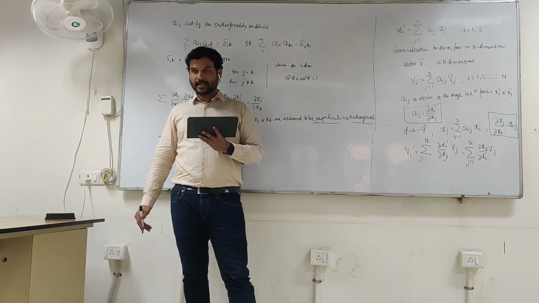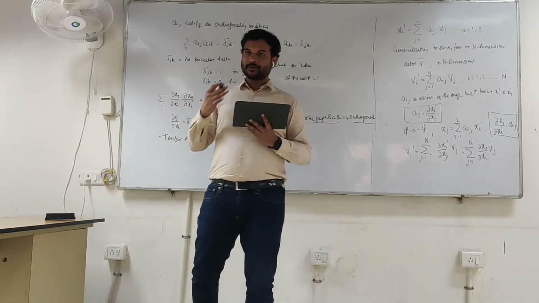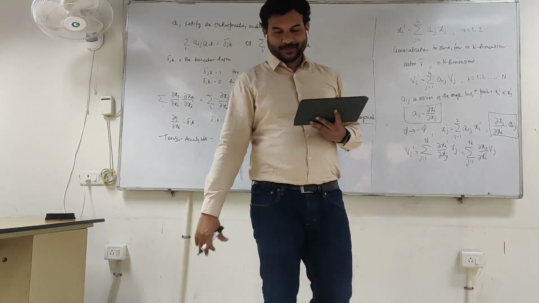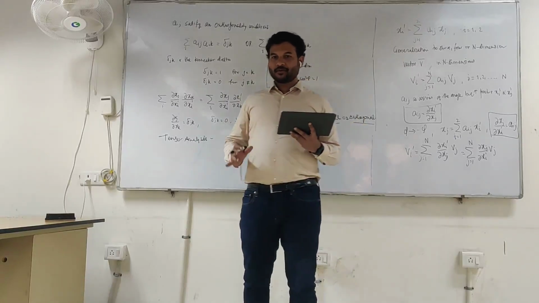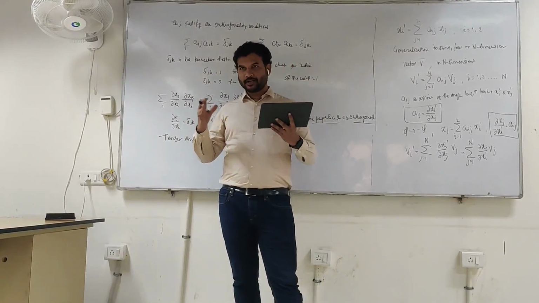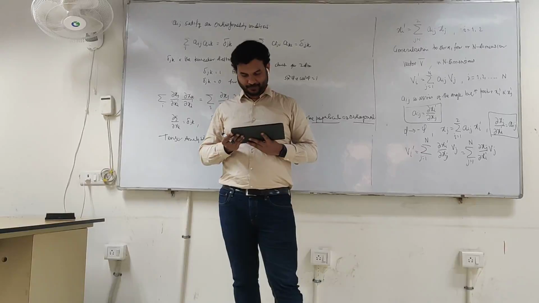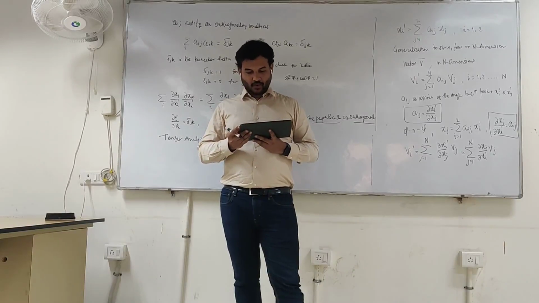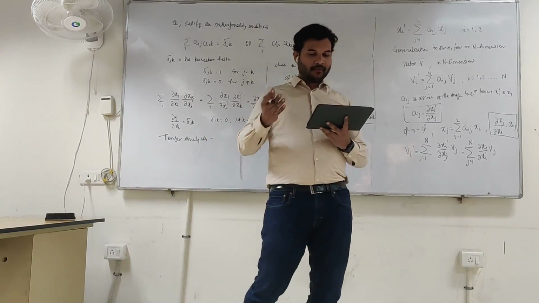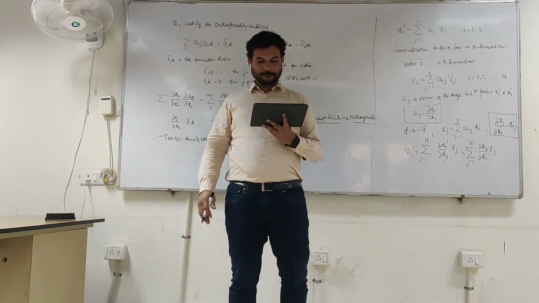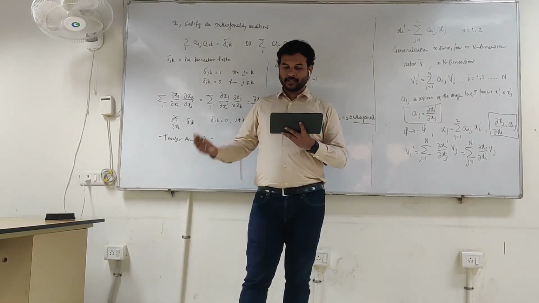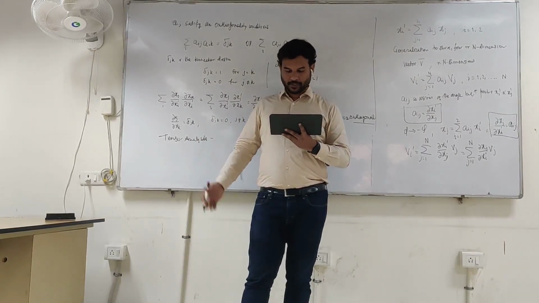Now let's try to summarize this. This space of vectors is defined as a vector space. Suppose you have a collection of vectors, suppose you define three numbers, that is the components of the vectors.